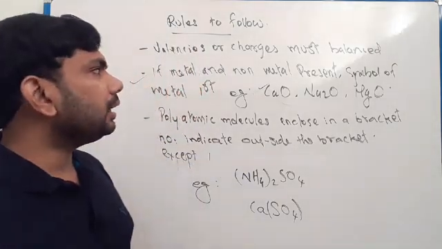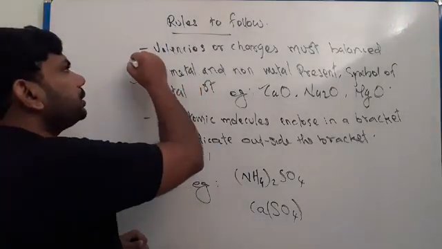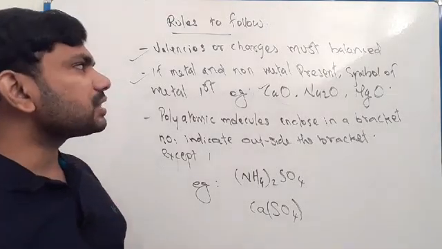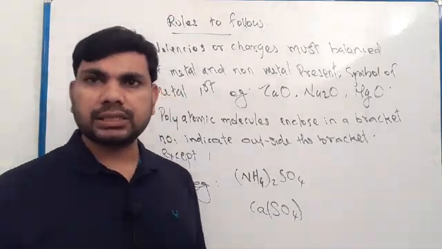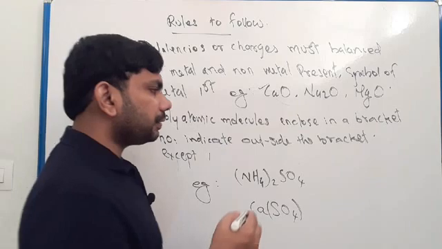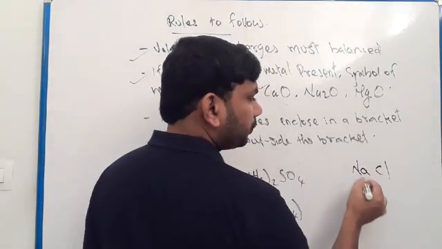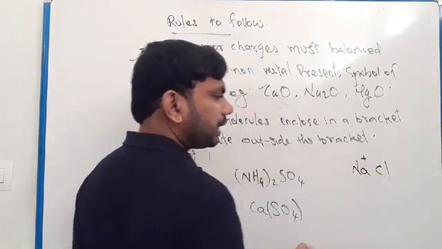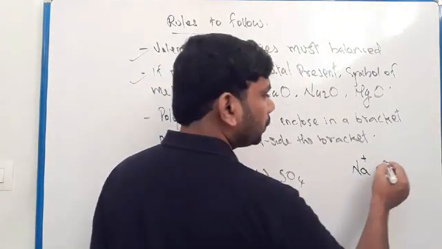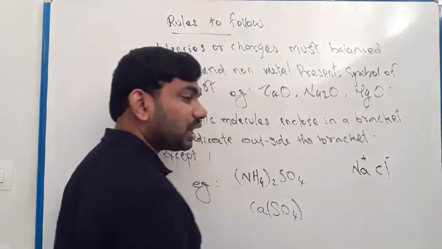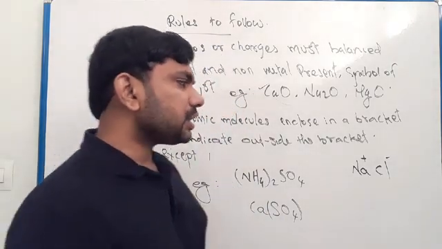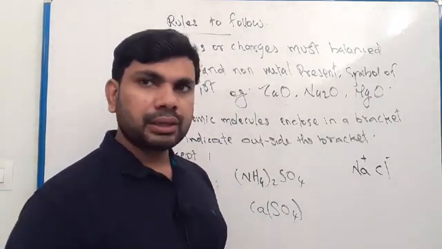Okay, and here is another point: the valencies or charges must be balanced. It means, look here, sodium chloride. We discussed before, sodium has valency plus 1, chlorine is minus 1. Charge of sodium plus 1, charge of chlorine minus 1.